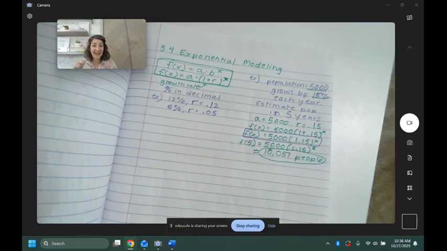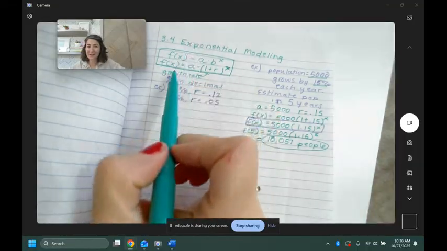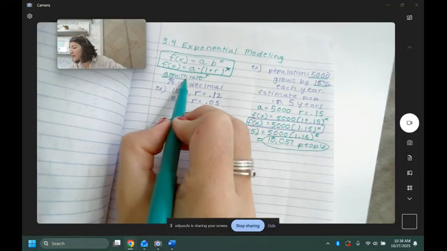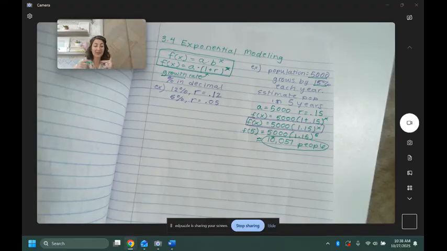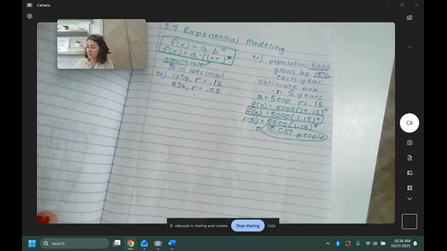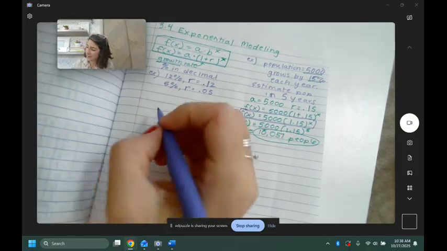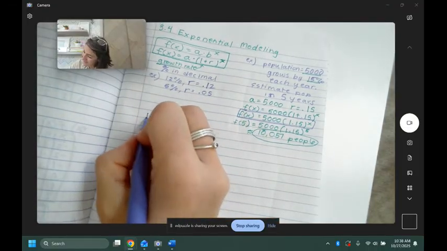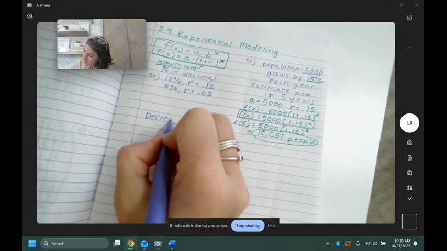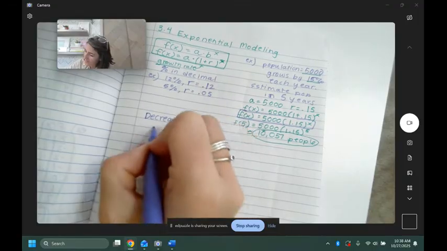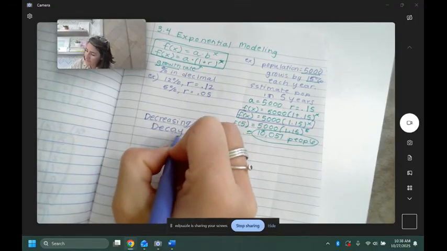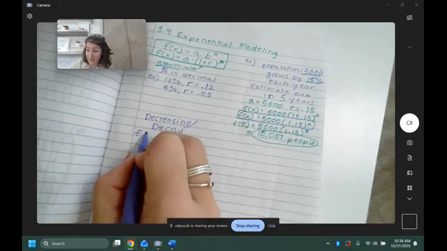Now let's take a look at a decrease. So this is called exponential growth. What it would look like if something is decreasing. Either a population in a town is decreasing, or we're going to talk about it in terms of views on a video. So if it is decreasing or decay, the function is not much different.